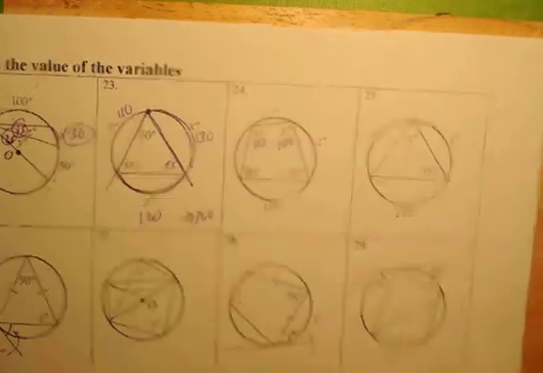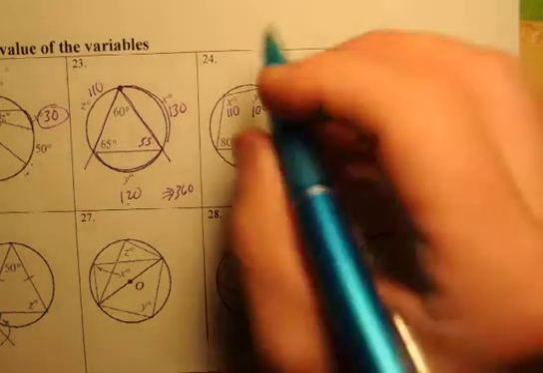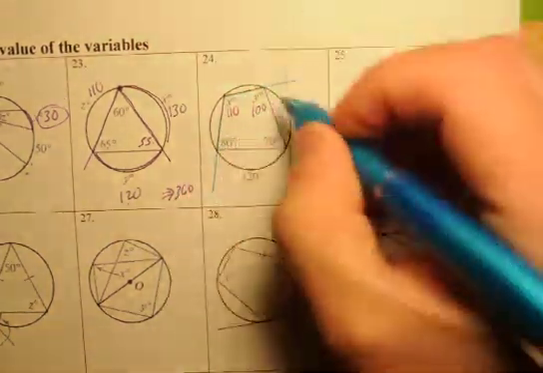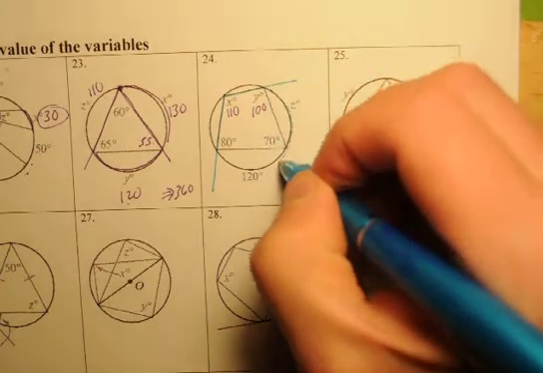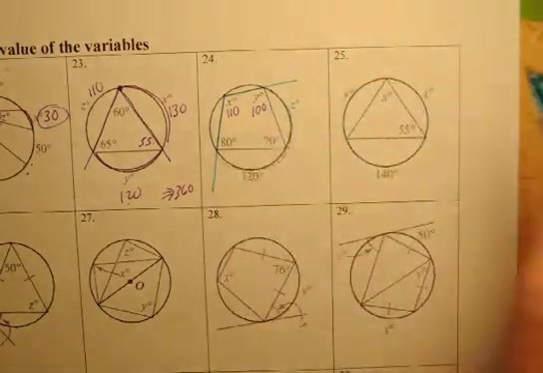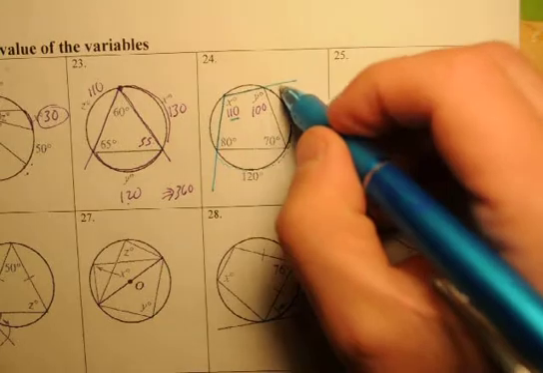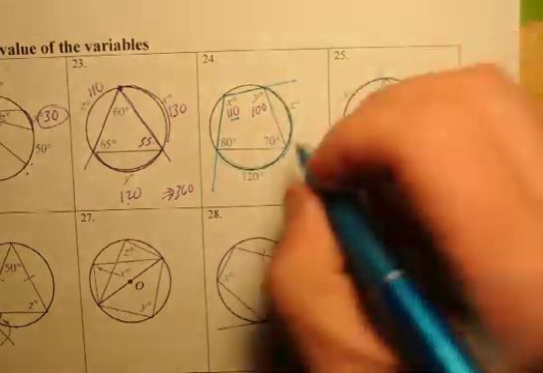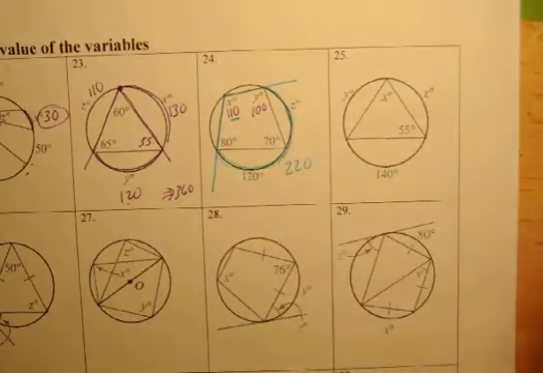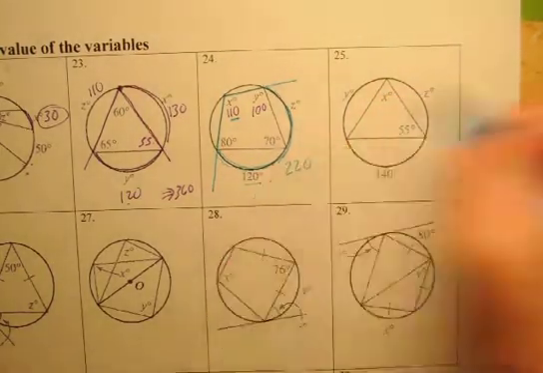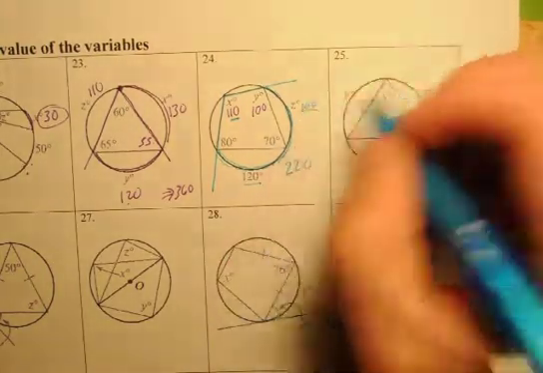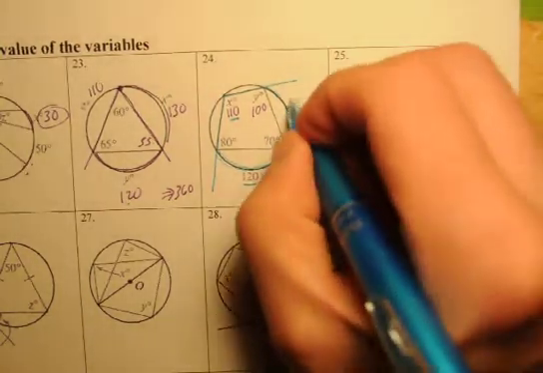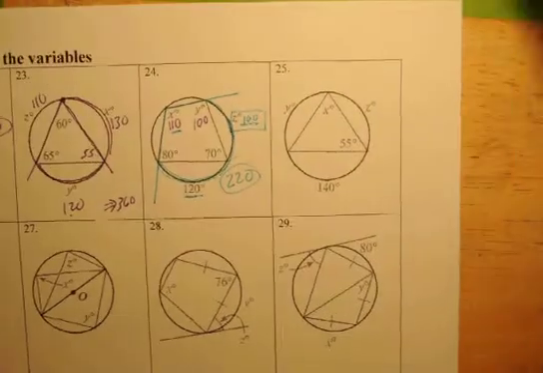For Z, we're going to use angle X. Angle X is inscribed with this arc. Because that's 110, that makes this whole arc have to be 220 because it's double. And if this is 120, then that makes this 100. Because 100 plus 120 makes 220. So Z had to be 100.